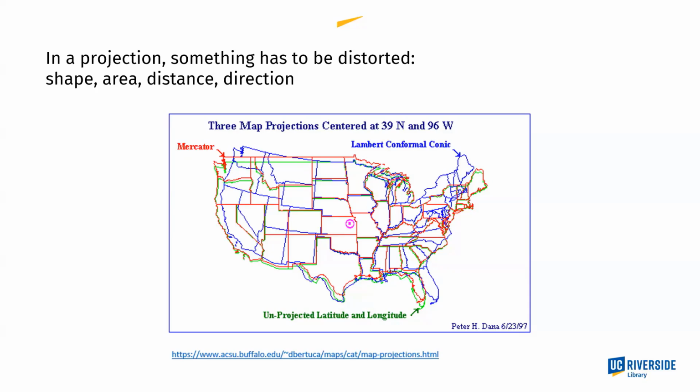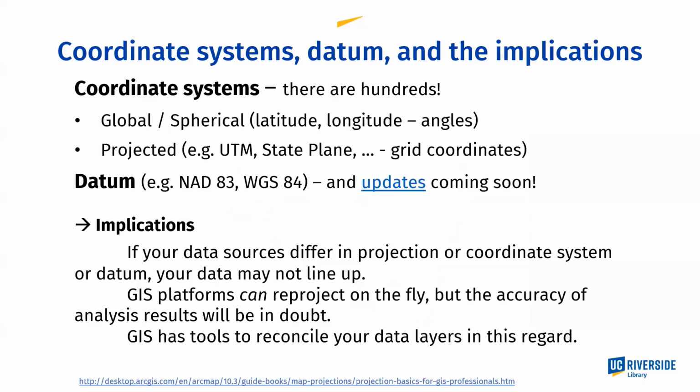So what this means for you is that if you are out there looking for different data sources and they were created in different projections, and then you bring them into a GIS, it is possible that you're going to have some things that don't line up the way they should. Now, on my next slide, I'm going to show you that it's not quite as much of a worry as it was in the early days, but it's still something to be aware of, that it can happen.